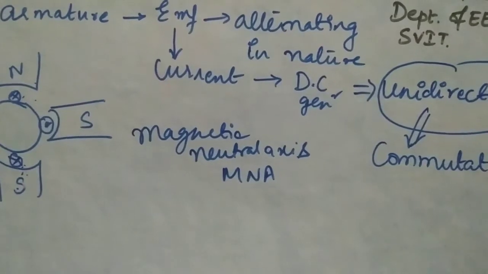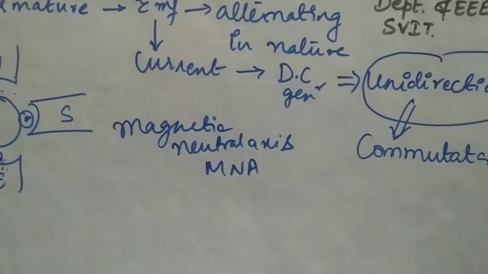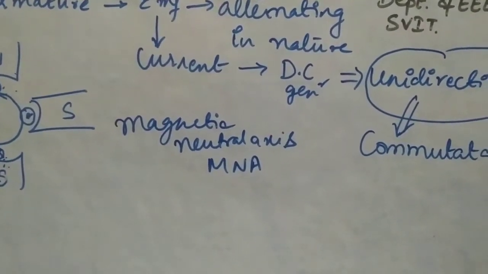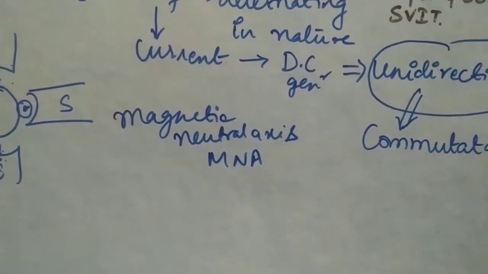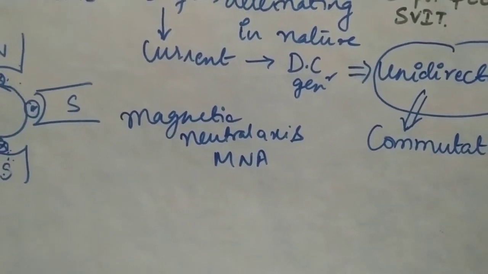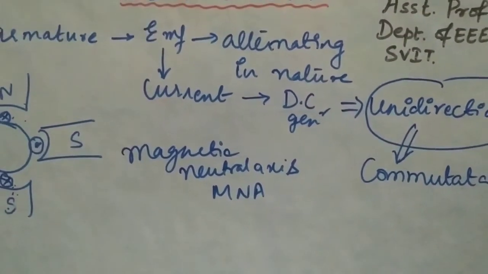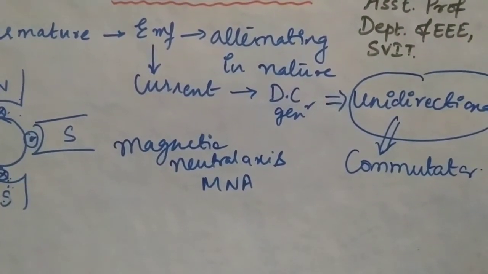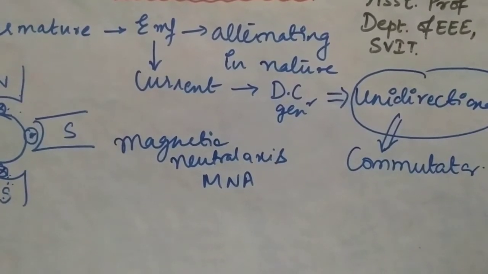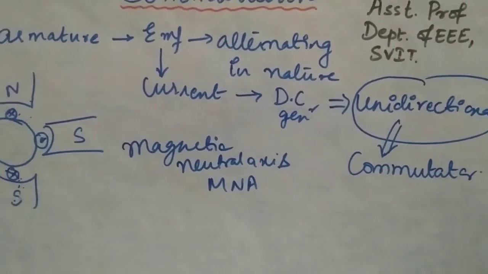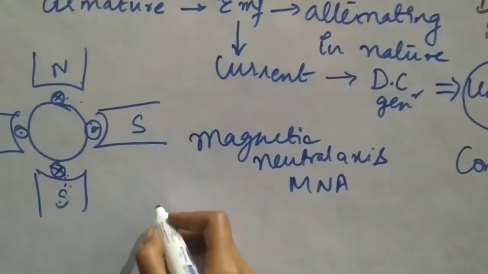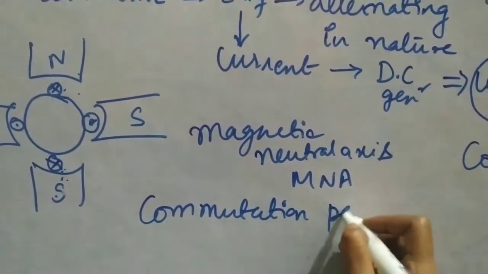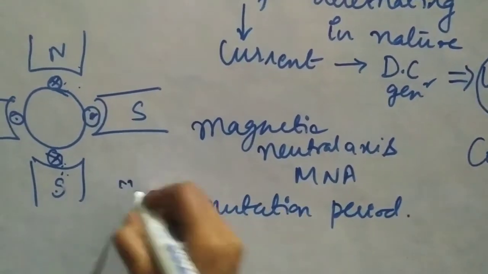Therefore, the process by which the current in a short circuited coil is reversed while it crosses the MNA is called commutation. The time taken while the coil remains short circuited is known as the commutation period.